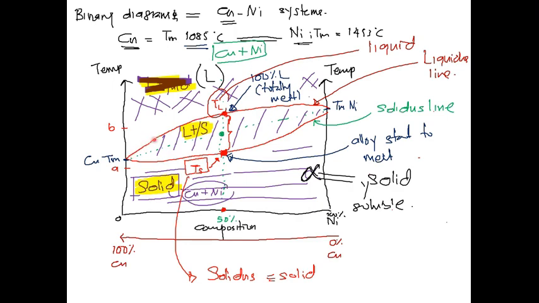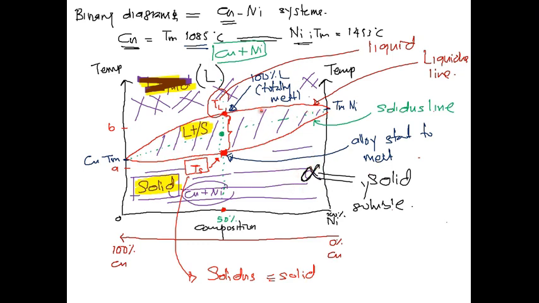Maksudnya above this line the alloy will start to have a homogeneous liquid. Okay, above this line, okay, your alloys will have homogeneous liquid. Below this line your alloys will have homogeneous solid ataupun alpha.